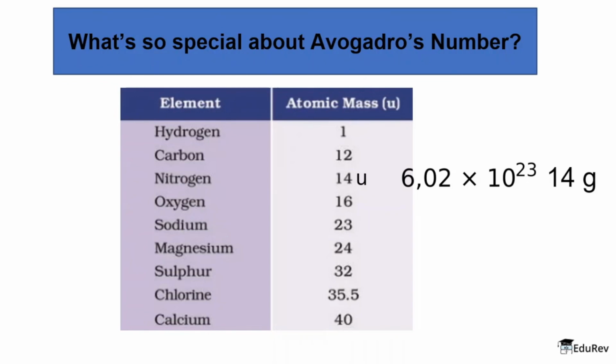Okay, if I take Avogadro number of carbon atoms, the mass, as you see in the last slide, was equal to 12 grams. Okay, so this is special about Avogadro's number because it basically acts as a bridge between U, or the atomic mass unit, and the grams, which is the gram atomic mass, which we basically use on a daily basis. Okay, so this was all about what is the mole and what is the atomic mass.